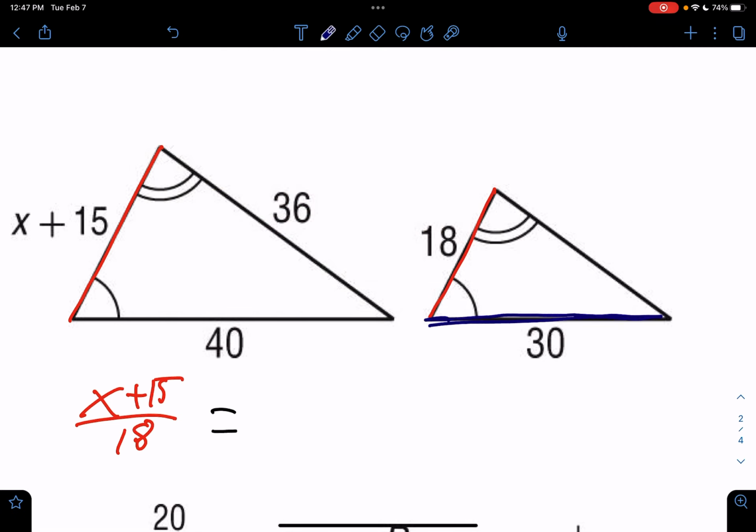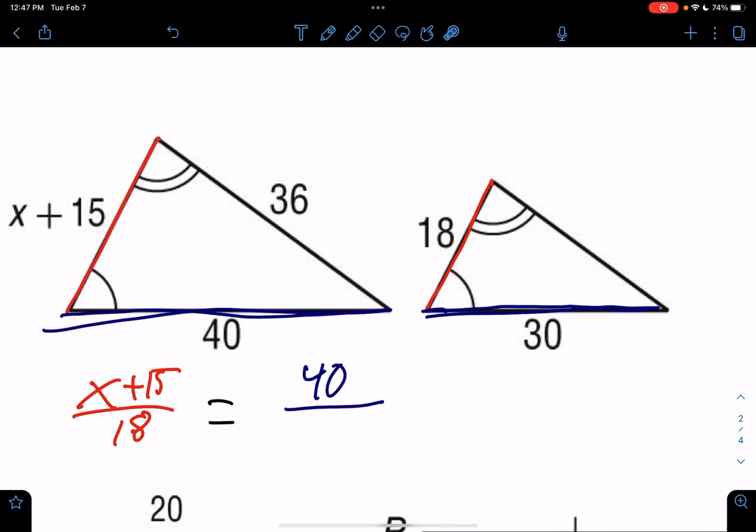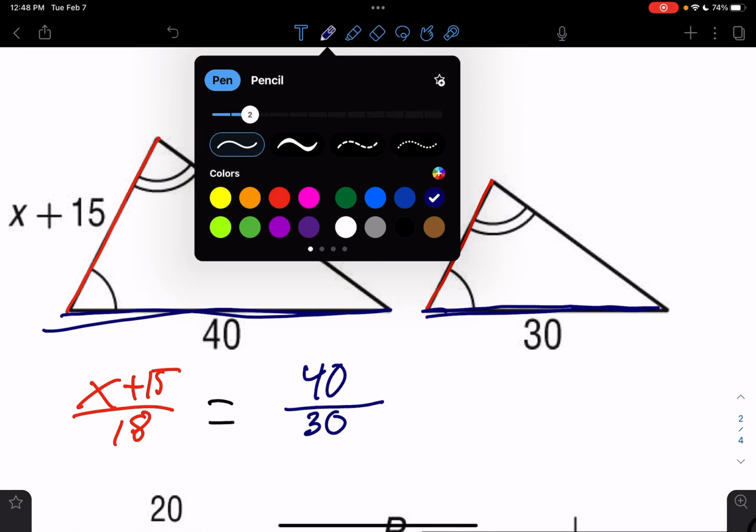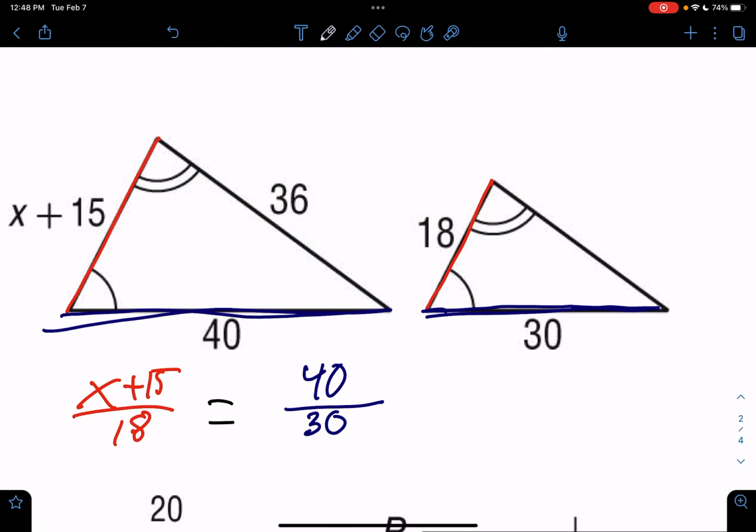Okay, and 30 is in between 1 mark and no marks. So over here. Okay, so if I use that on top, I will have to use the 40 on top. Okay, if I use the 8 in the bottom, then I need to use the 30 at the bottom. There it is. You solve, and X equals 9.